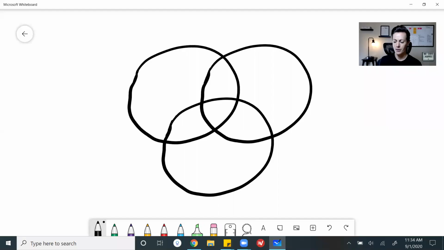So how do you make sure that you are the market leader or the industry leader with your app? Well, we're going to jump over to my whiteboard here so that we can talk through this in depth.